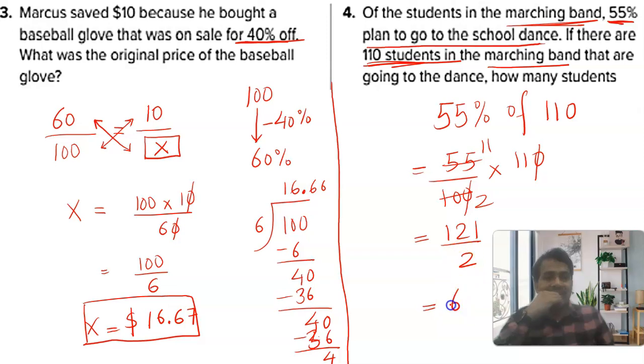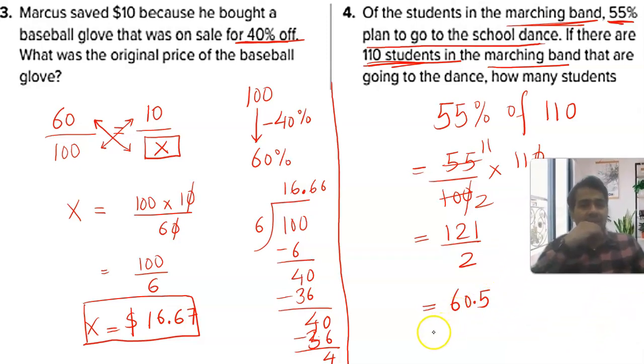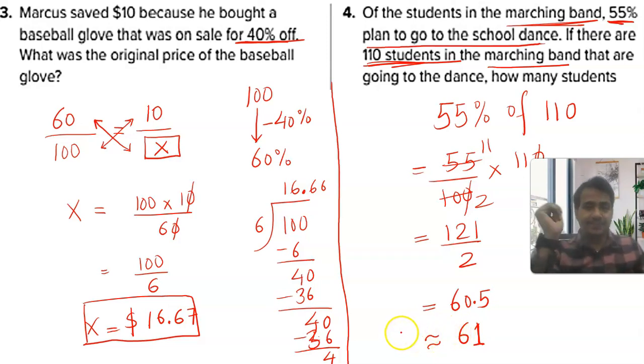So this will be 60.5. Obviously, I'm not going to take 60.5. What we will do is round it up to the nearest whole number, 61, because students cannot be half. So 61 students will go for the dance. Clear? Let's see the next one.